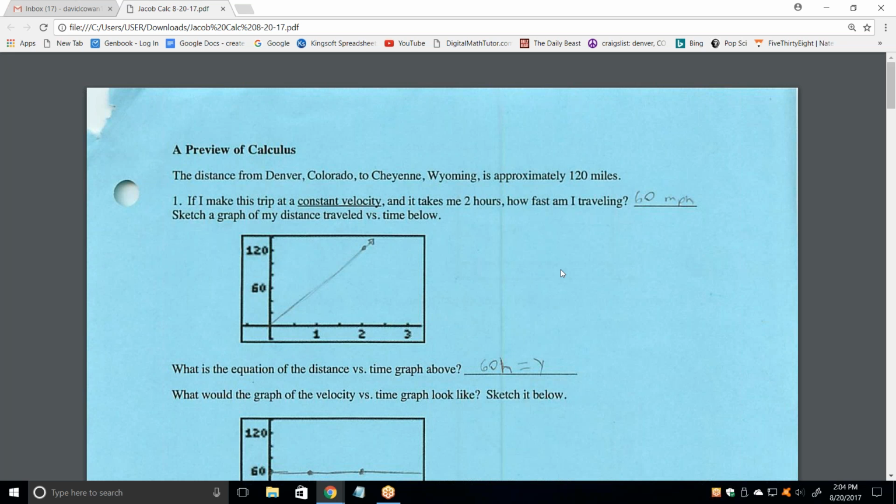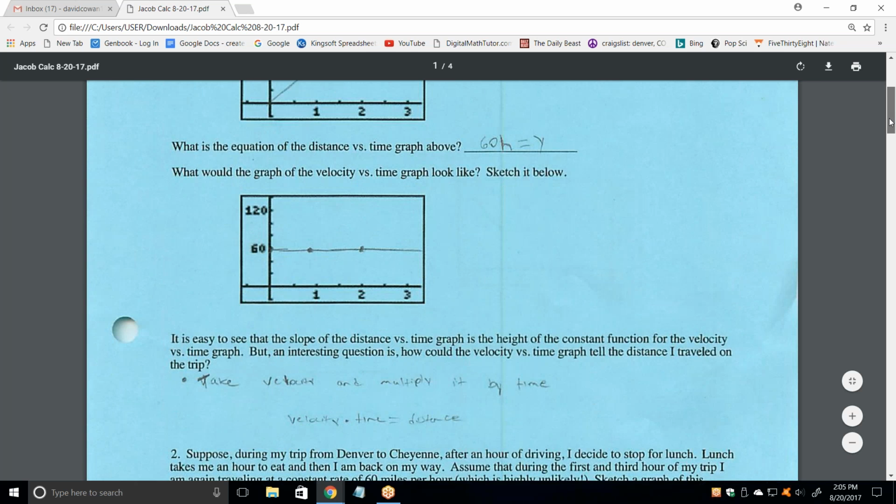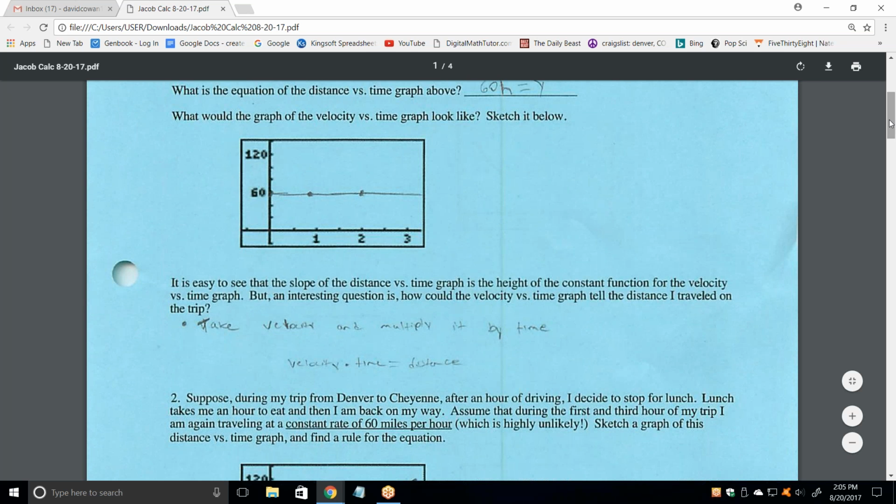Sometimes you go 40, sometimes you go 70, sometimes you go 52. So this is an idealized problem. You're not going to travel 60 miles an hour exactly the whole way. But in terms of average velocity, yeah, this is a great graph.